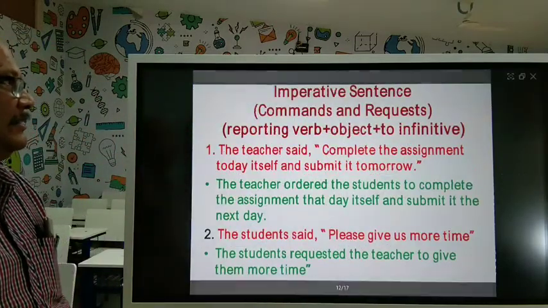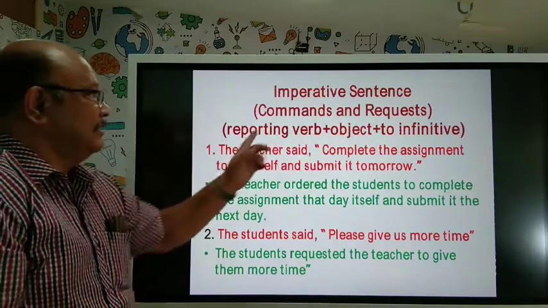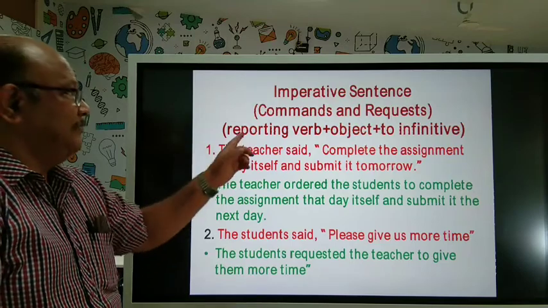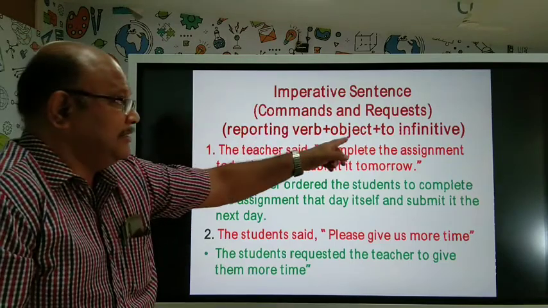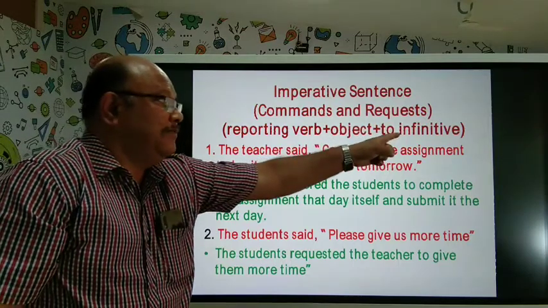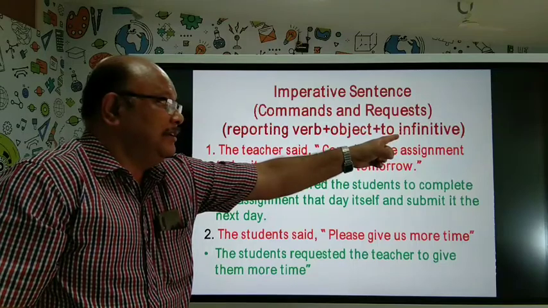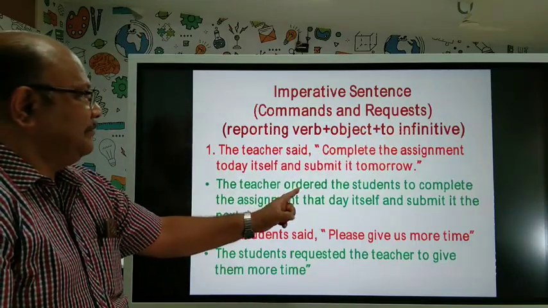Imperative sentence: commands and requests. Now, how to go about it? After the reporting verb, the object comes, then the to-infinitive. Keep in mind, to-infinitive.